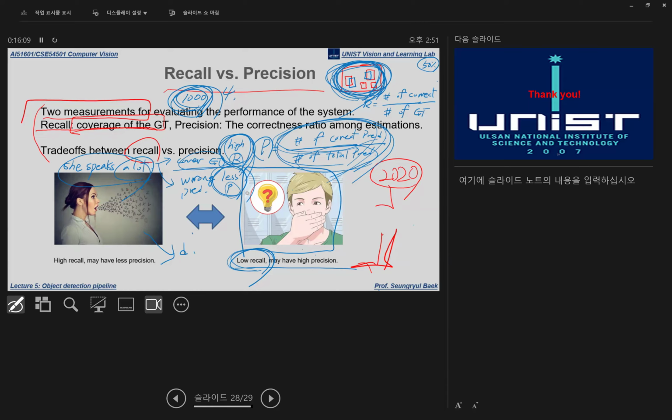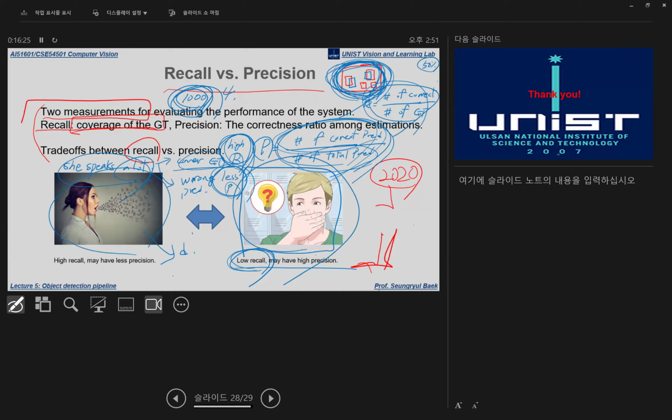But in the recall, because they can cover only two out of four ground truth bounding boxes, they only have 50% recall. Okay, so that's a trade-off.